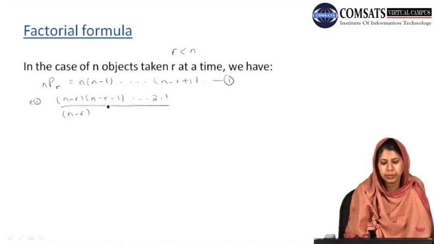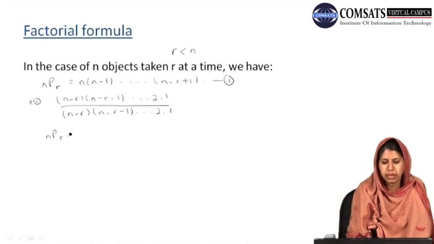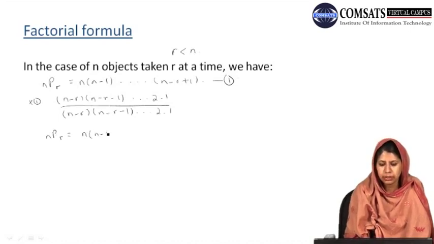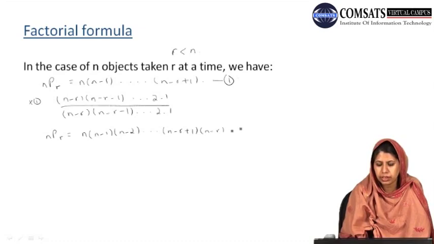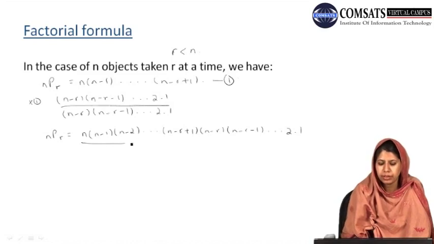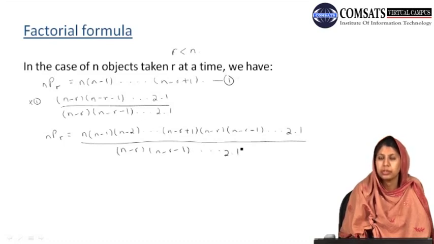Multiplying and dividing by this term, we obtained our nPr will be equal to n into n minus 1 into n minus 2 going up to n minus r plus 1, and now this multiplied in the numerator, which is n minus r, n minus r minus 1, and going up to 2 into 1, divided by n minus r, n minus r minus 1 going up to 2 into 1.